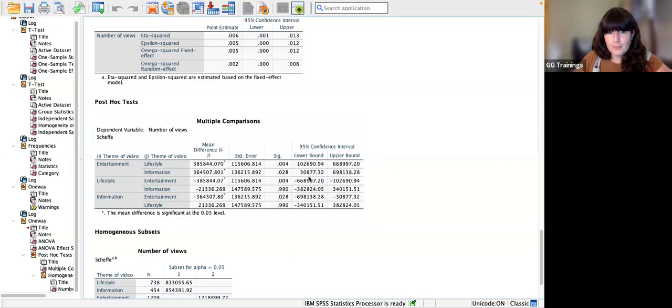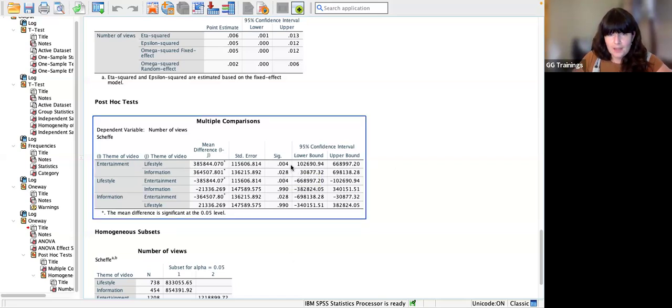Okay. And you can see those two are duplicates, and those two are duplicates, and those two are duplicates, which means you only are going to report 0.004 and 0.028. Those are the only two significant results.